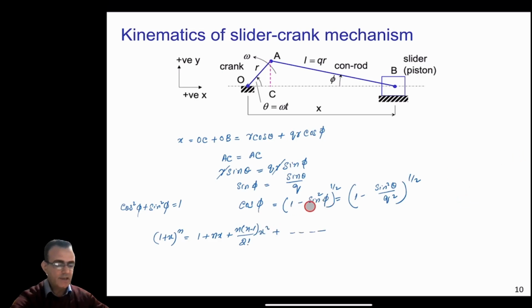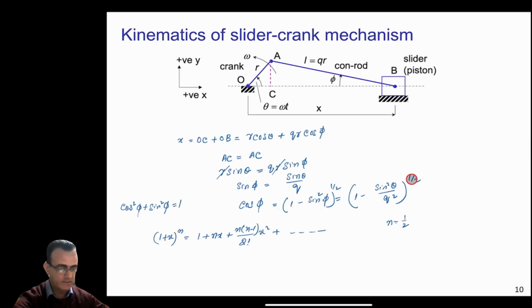So in this case, we can take this term and write it in this form. This means that cos phi can be written in this form. And as you can see in this case, our n is half.